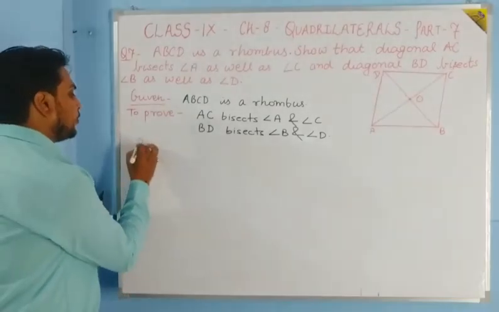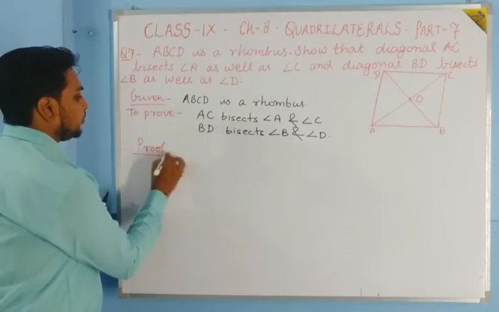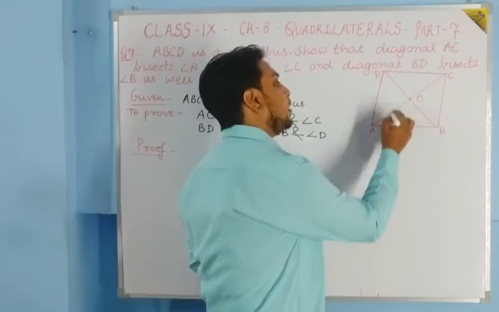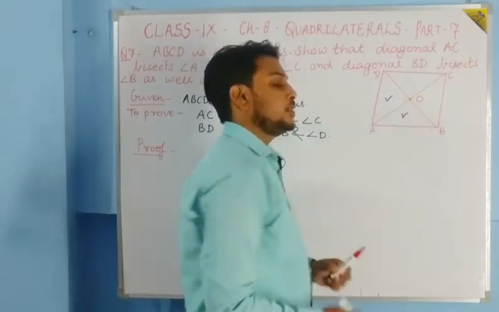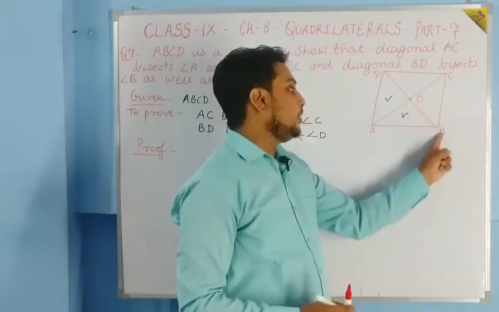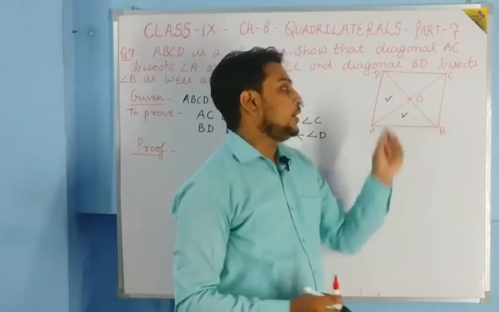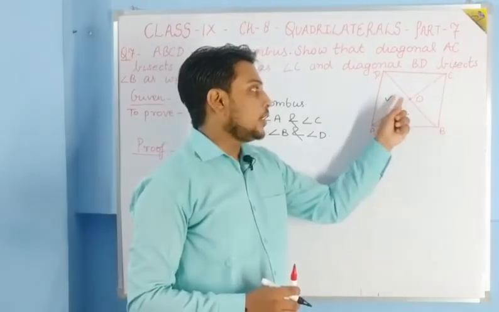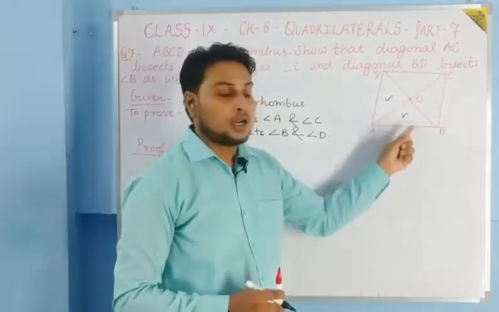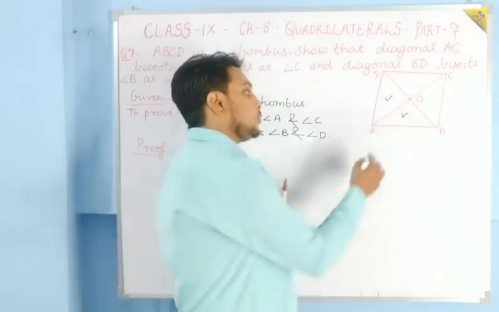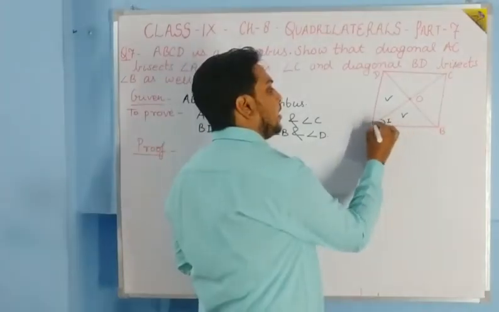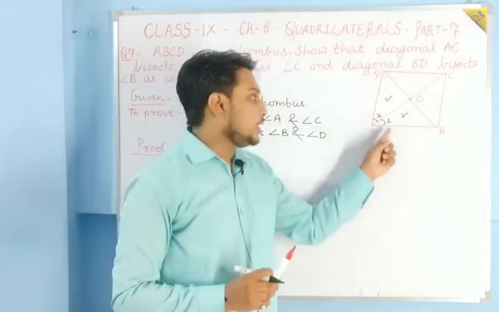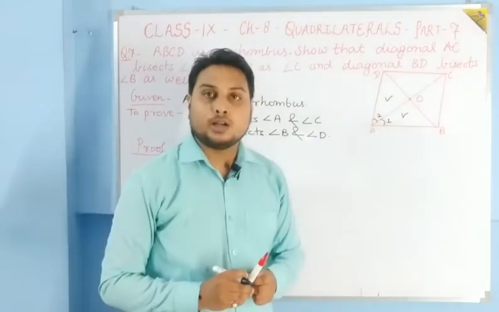Let us see the proof part. See students, if we talk about these two triangles of the rhombus, the triangle AOB and the triangle AOD, and if somehow we can show that these two triangles are congruent, then for their corresponding angles, suppose this is angle 1 and this is angle 2, by CPCT we can say that angle 1 is equal to angle 2.